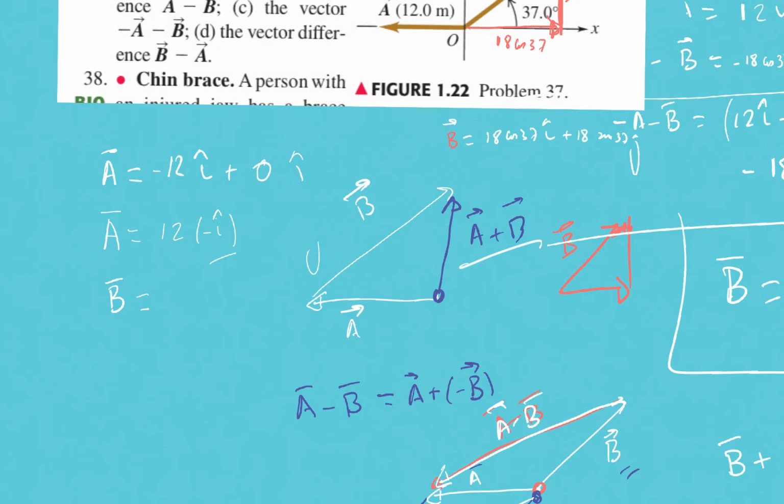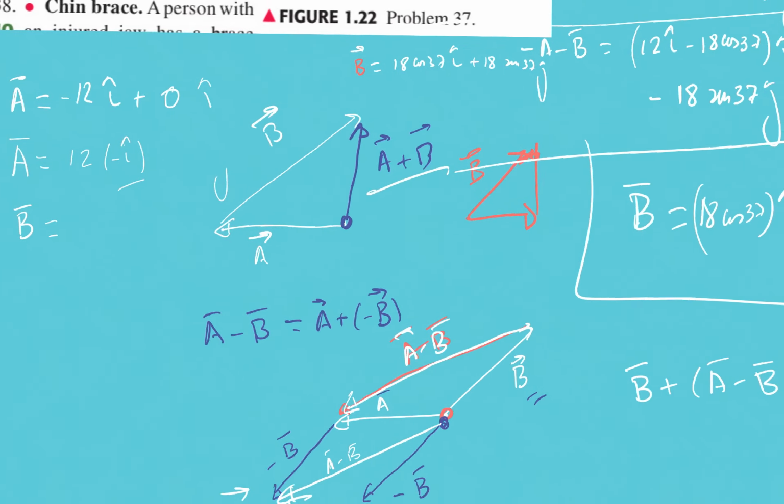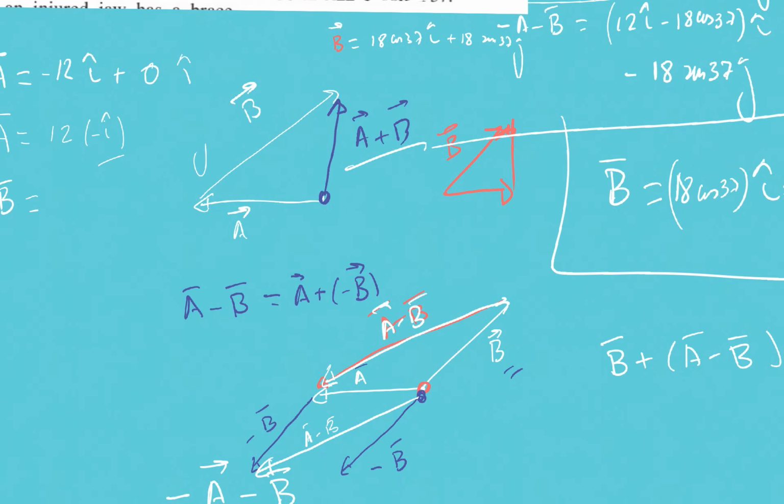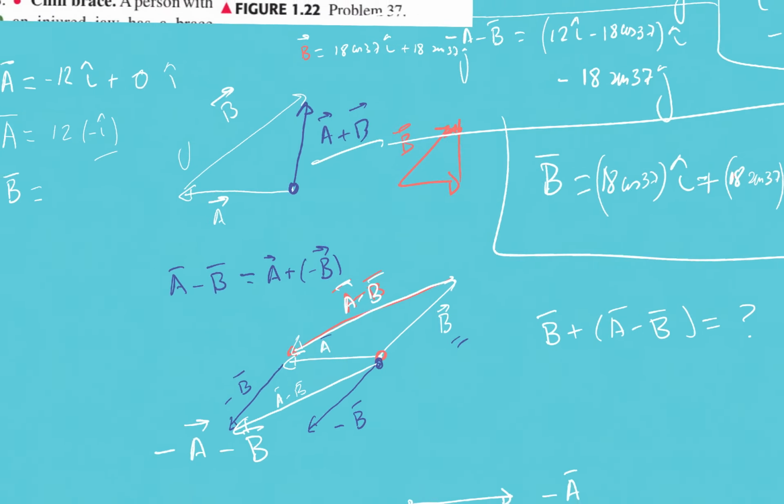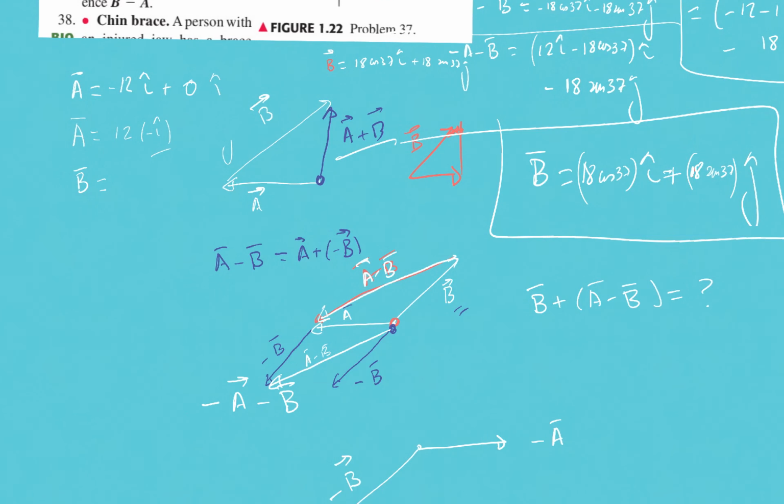Perfect. So I can do the sum, if I do it correctly with a paper that is calibrated with centimeters and so on, and I can get the same result.